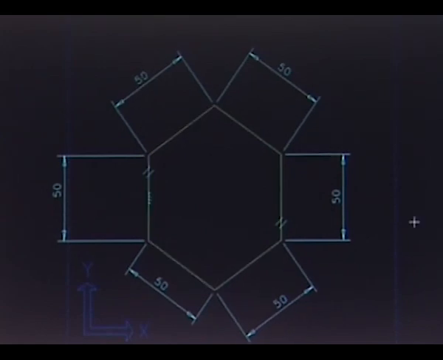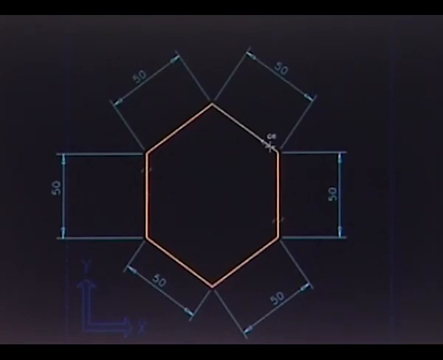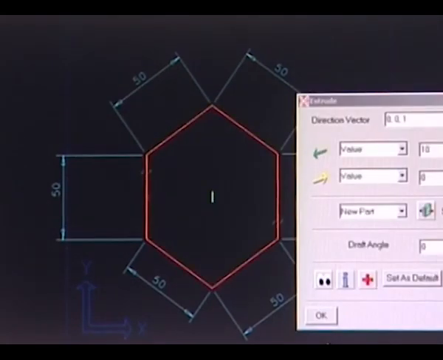Next, we use the extrude command to generate the prismatic hexagonal head. The height of the head is 10 units. We choose one of the hexagonal planes to sketch the circle, which would be the cross section of the shank of the bolt.